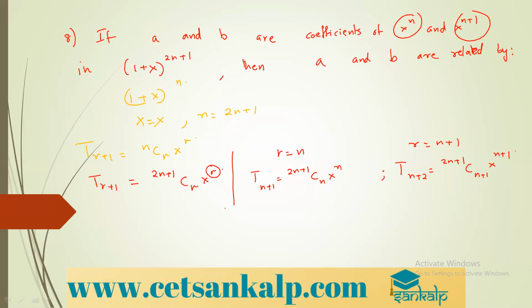Now the coefficients are A and B. This coefficient (2n+1)Cn is A. This coefficient (2n+1)C(n+1) is B. Now how are they related to each other? That is what they are asking.